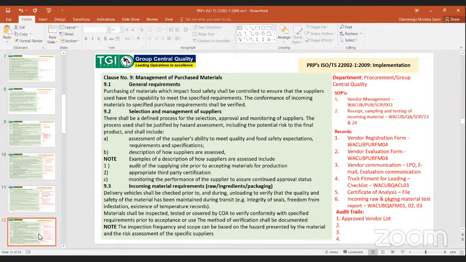So the records which should be available are the vendor registration form, which is WACI Purchase FM04, and the vendor evaluation form, which is WACI Purchase FM04. With vendor evaluation, the system is saying, fine, you have accepted this person to be supplying you.